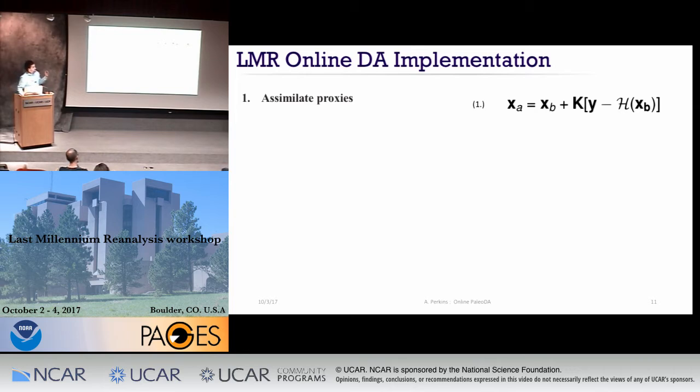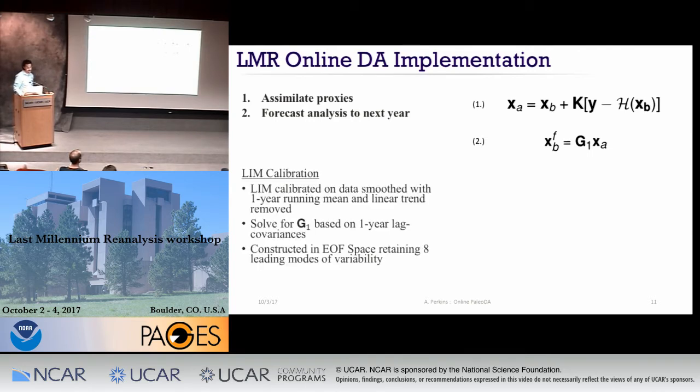Maybe I'm underselling how much work it was to implement this, but we have our update equation, and then we simply take the analysis that comes out of a given year and forecast it using the mapping term into the next year to use as our prior. For the LIM calibration, we have multiple data sources we're calibrating on.